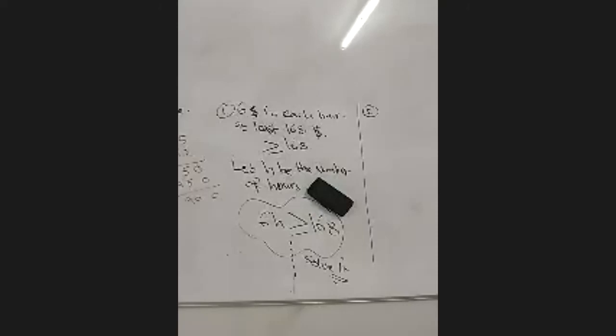Each fish costs 2.50, and we have the number of the fishes N, so we multiply 2.50 by N. So this is the inequality, guys. You will solve it.